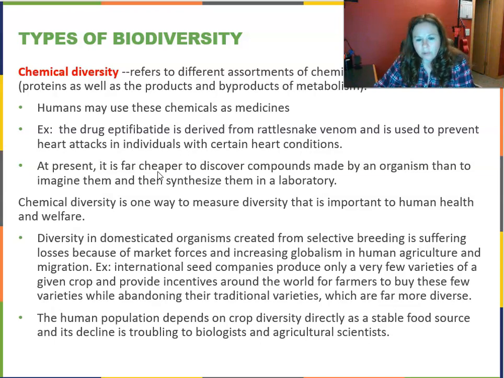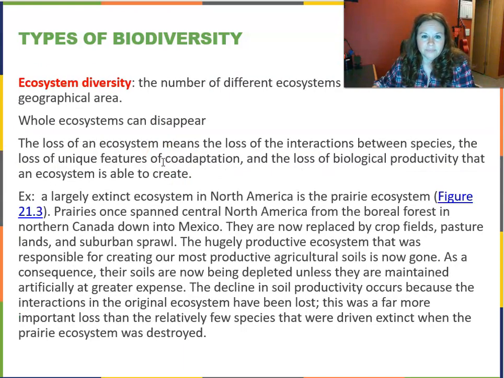For example, international seed companies produce only a few varieties of a given crop and provide incentives around the world for farmers to buy these few varieties while abandoning their traditional varieties, which are far more diverse. The human population depends on crop diversity directly as a staple food source, and its decline is troubling to biologists and agricultural scientists.